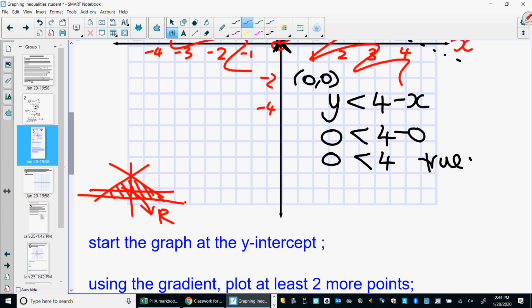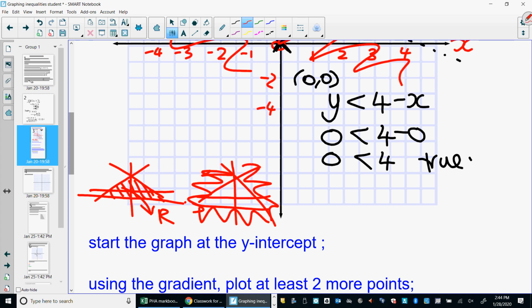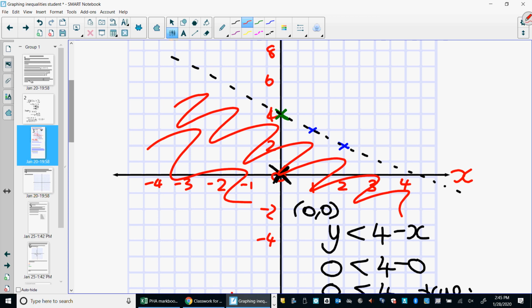So if you had that situation, you may have shaded outside here, and labeled that bit R. Okay, either way, as long as you're representing the correct area with the letter, you're fine. Okay? So in our case, if we'd been asked to shade label it R, we would have written R on this side. Yeah, does that make sense?